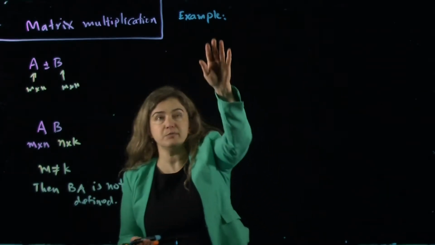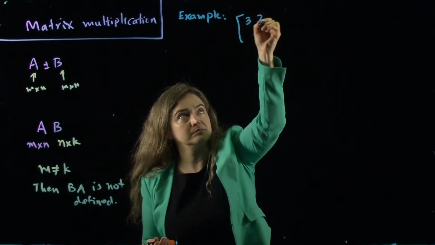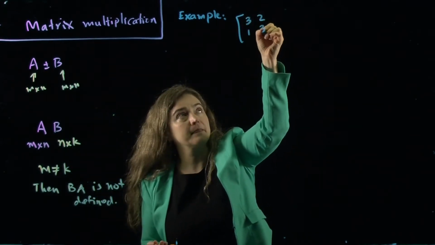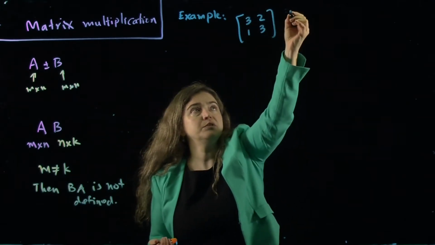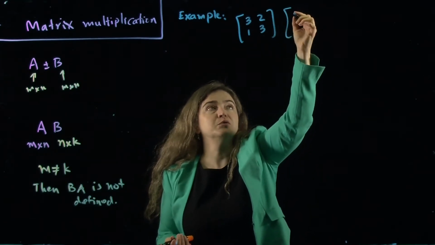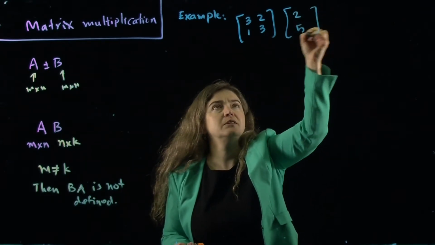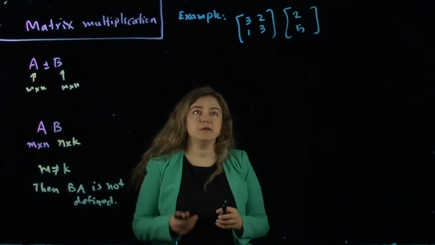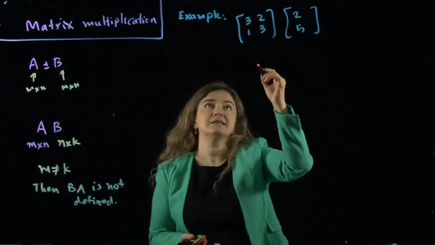So let's start with a smaller size example. Matrix A is 2 by 2. Matrix B has to start with 2, and I put in, let's say, 2 and 5. How does matrix multiplication work? This is how.